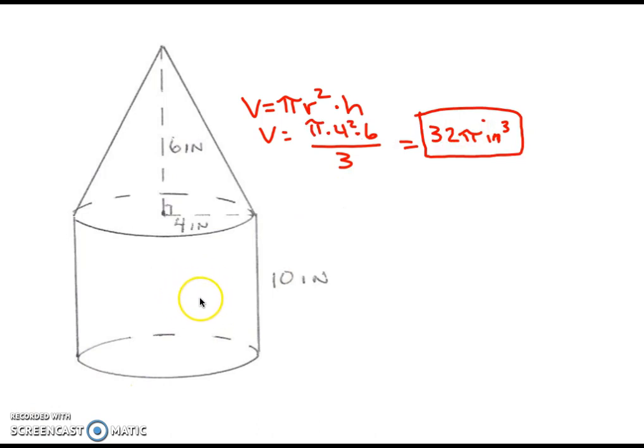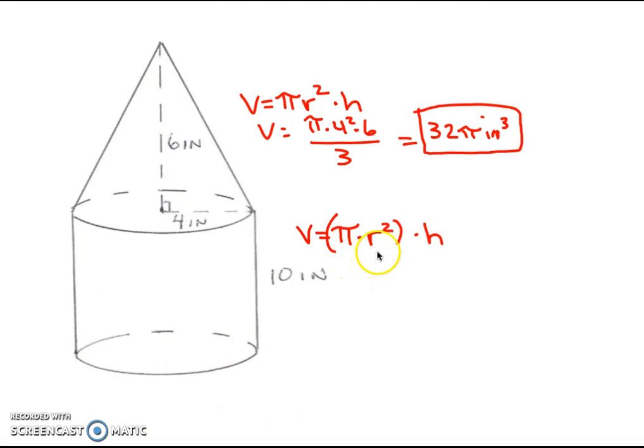And then if I go down here to my cylinder, the volume of a cylinder, which we learned the other day, equals area of the base times the height. So we have pi times radius squared times height.